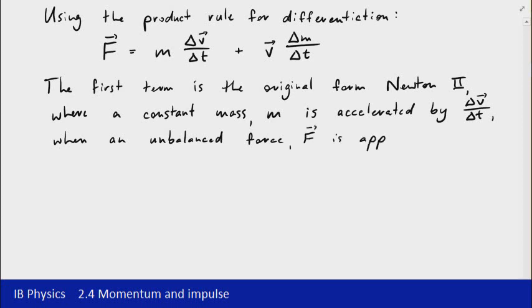Now you might look at that and say, well, yeah, that makes sense, that's F equals ma, but what about this second term? You'll notice that if mass is constant, so if we don't have any mass change, then delta m over delta t is equal to 0, and so this second term disappears and we're left with our normal form of Newton's second law being F equals ma.